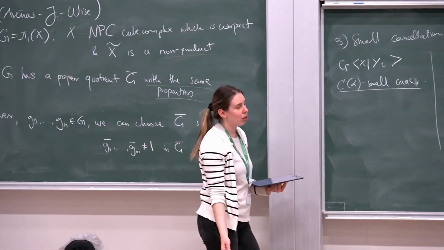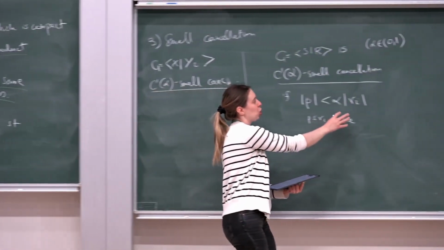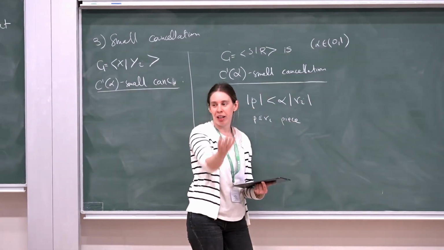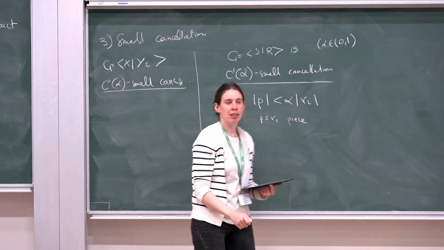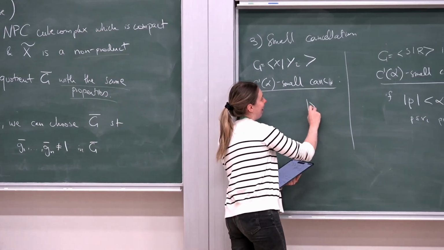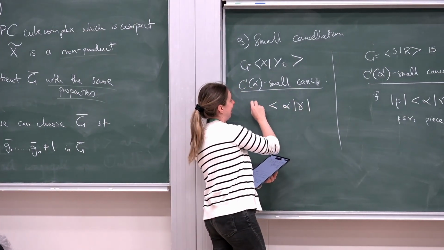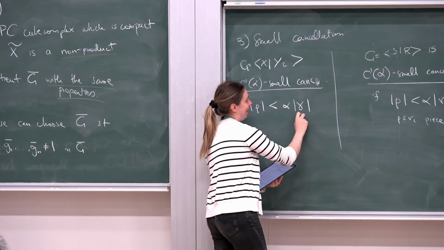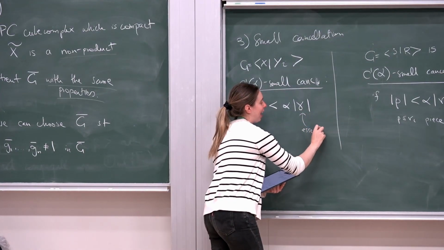We want to say something similar. Of course, it doesn't quite make sense to look at the length of a relator, since our relator is a cube complex, but we can look at essential loops in Yi.